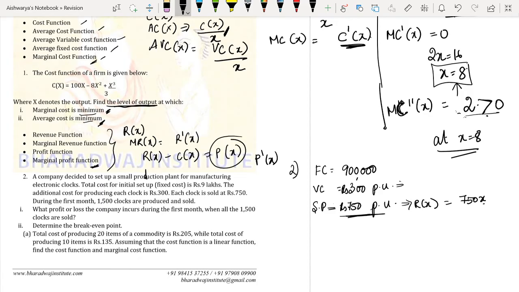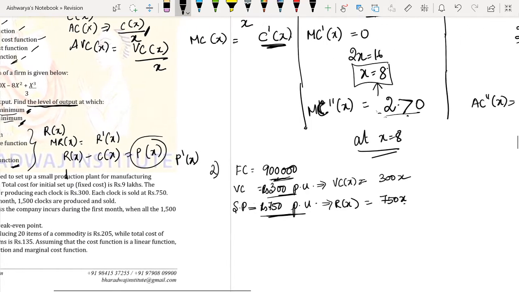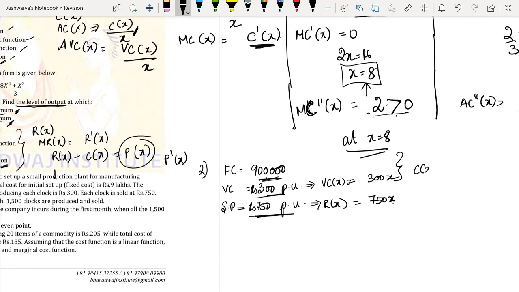So now variable cost function VC of x will be nothing but per unit into the number of units, which is nothing but 300x. Here the number I told you, it's not a function of x, it will be a whole number. So both put together, your cost function C of x will be VC of x plus FC. So VC of x is 300x plus FC is nothing but 9 lakhs.